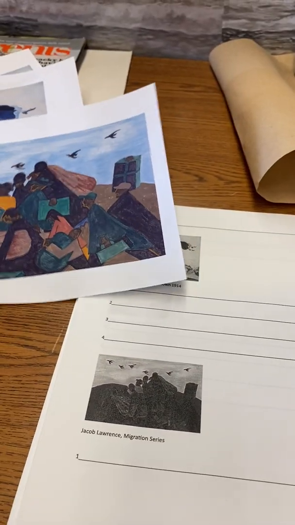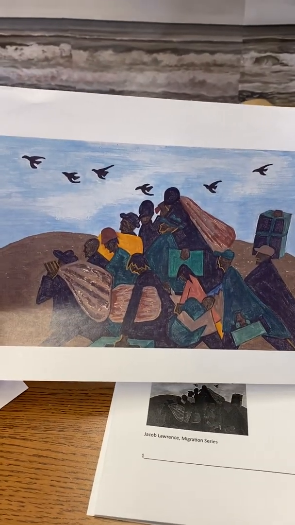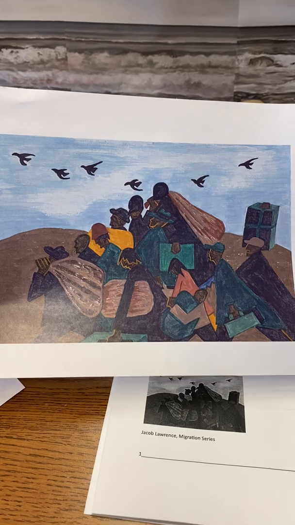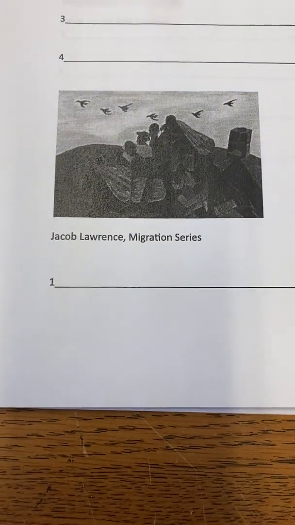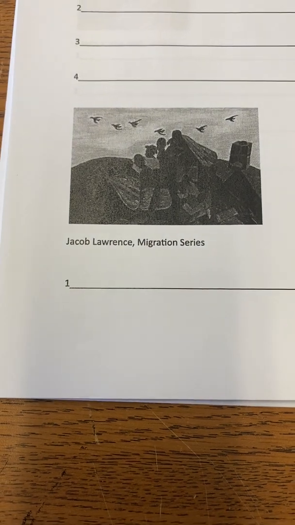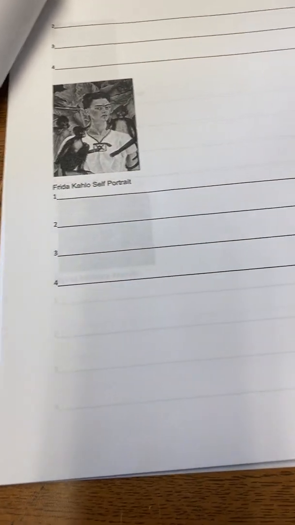What's going on in the artist's life? I know I was missing one. What do you think was going on in Jacob Lawrence's life to paint this? Once again, you can take the image, Jacob Lawrence Migration Series, throw it in a Google search, and see what art historians have to say about it.